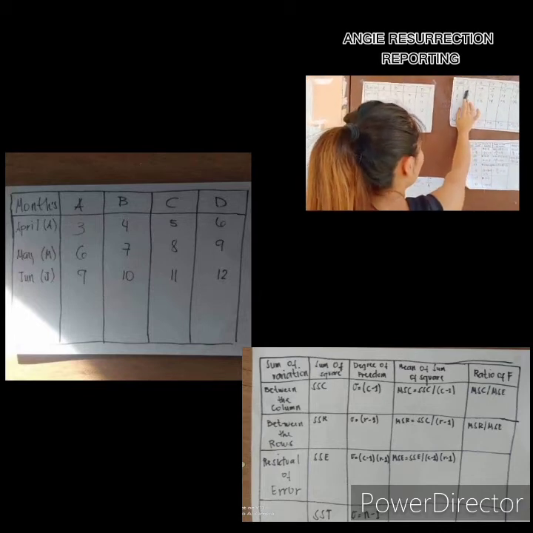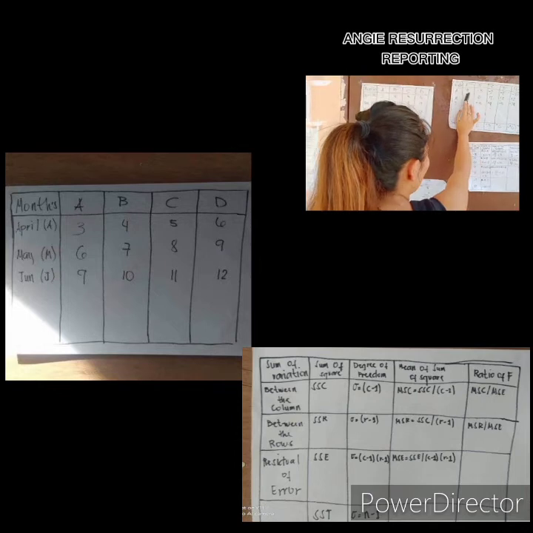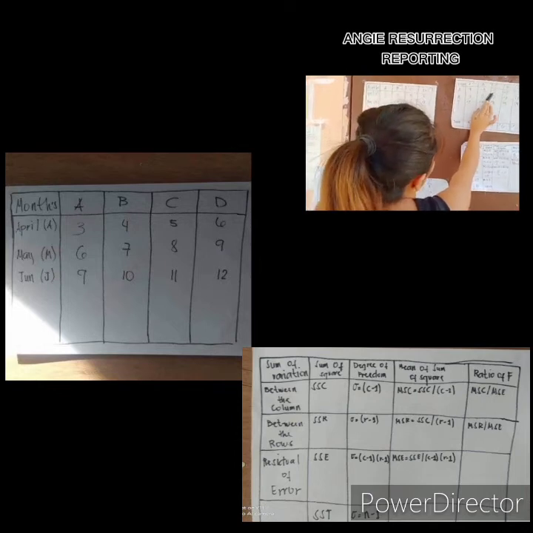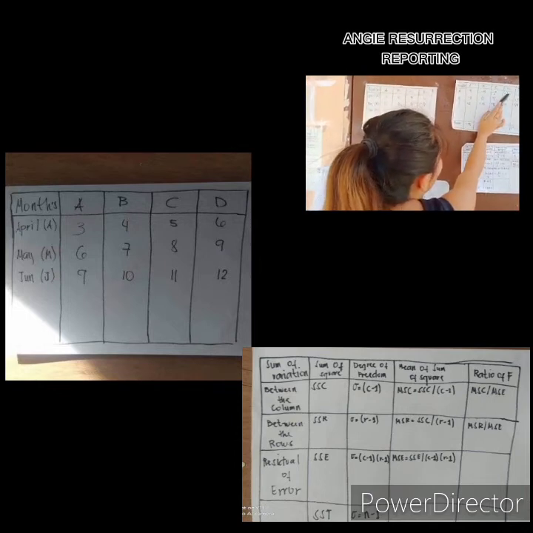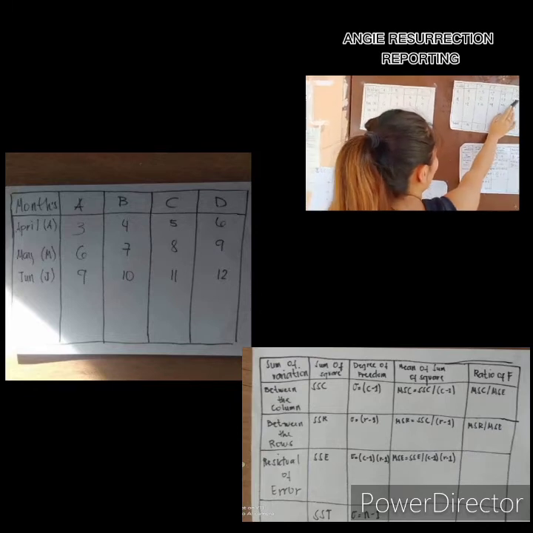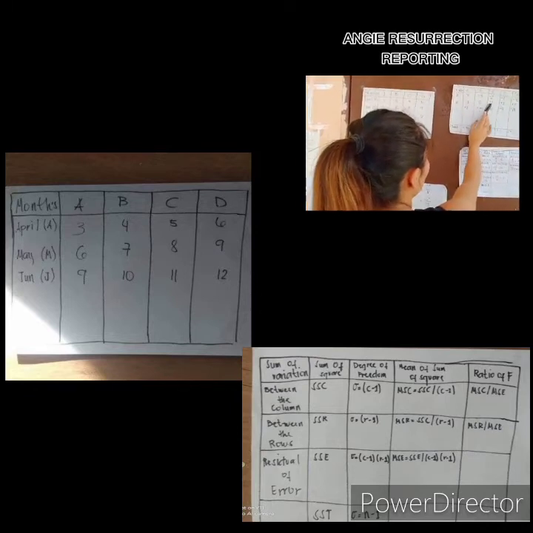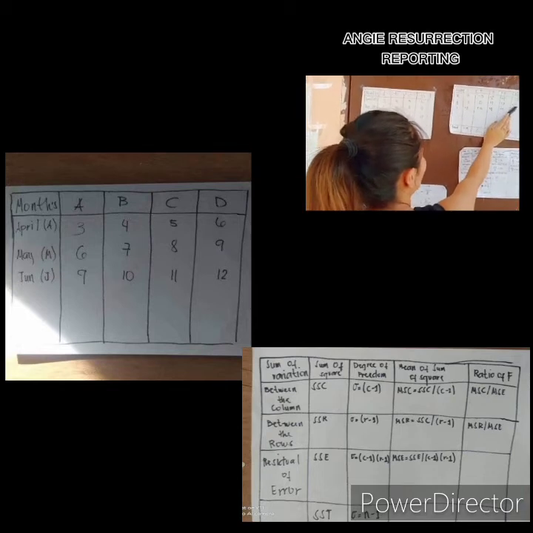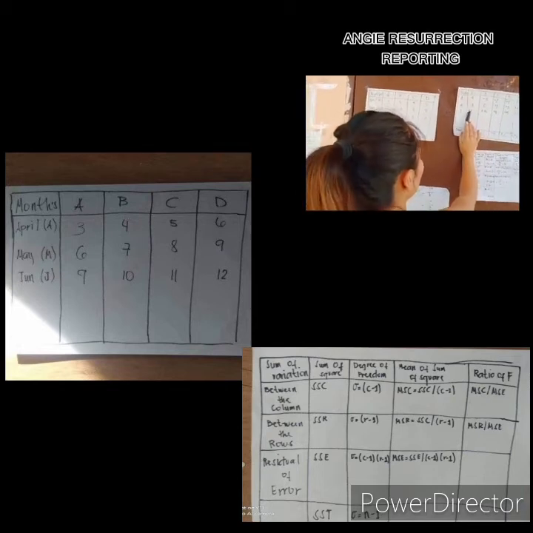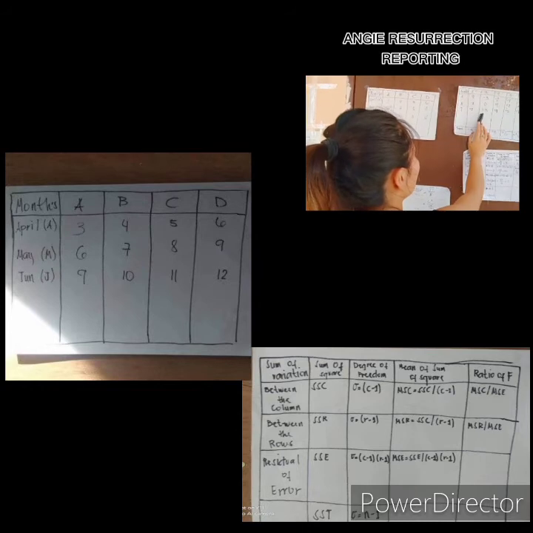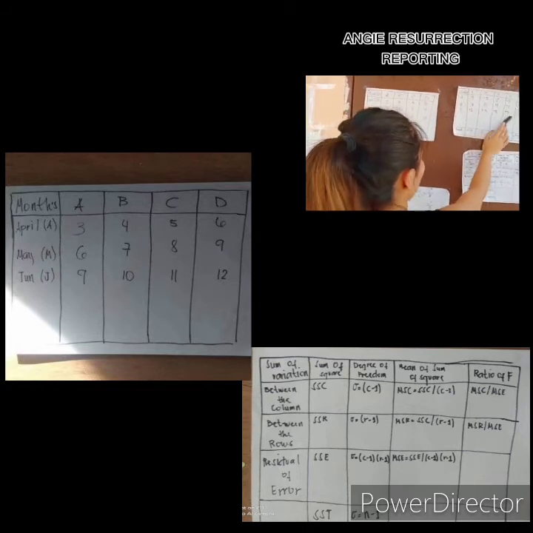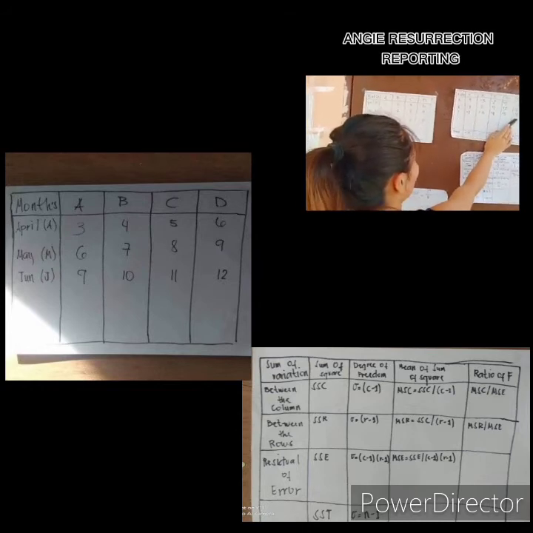Then the column totals: minus 4 plus minus 3 plus minus 2 plus minus 1 is equal to minus 10. Minus 1 plus 0 plus 1 plus 2 is equal to plus 2. Plus 2 plus 3 plus 4 plus 5 is equal to 14.